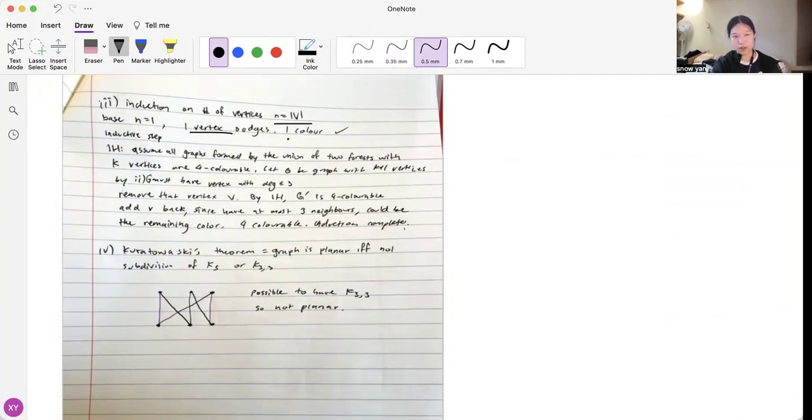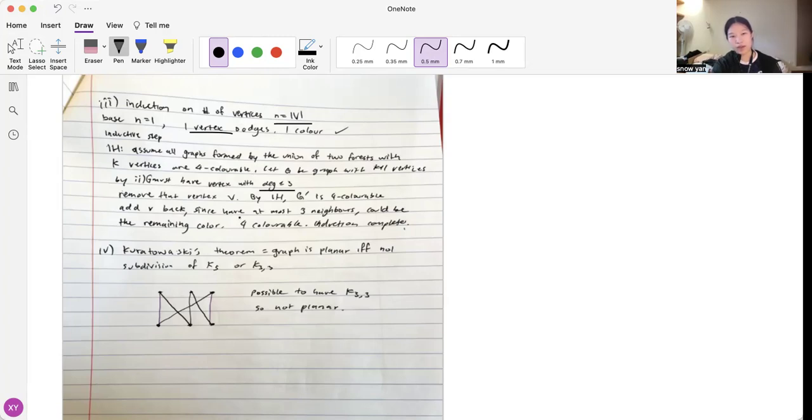For our inductive step, our induction hypothesis is that all graphs formed by the union of two forests with k vertices are four-colorable. Then we let G be the graph with k plus 1 vertices. By part 2, we know that G has a vertex with degree less than or equal to 3.